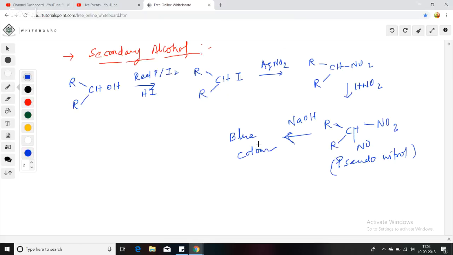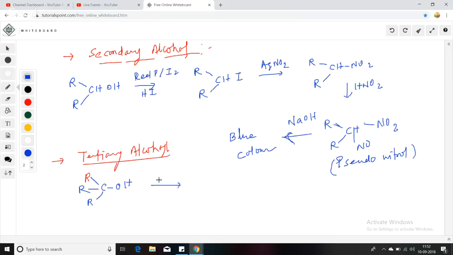Okay. Similarly, we have tertiary alcohol. I'll write down this only. For tertiary alcohol, again the same kind of reaction. R COH R and R, this is tertiary alcohol.